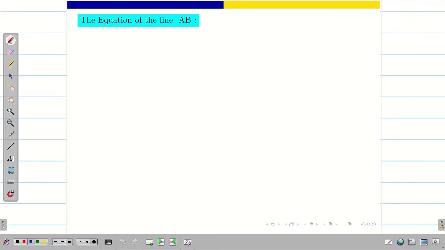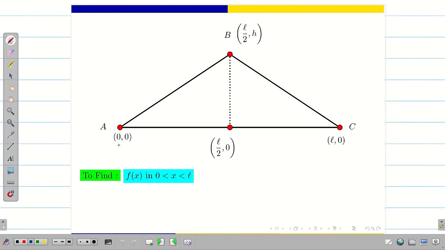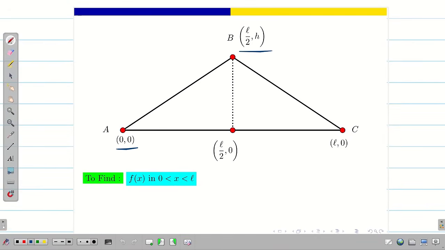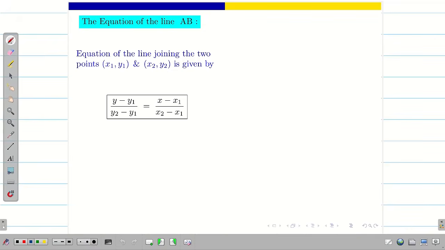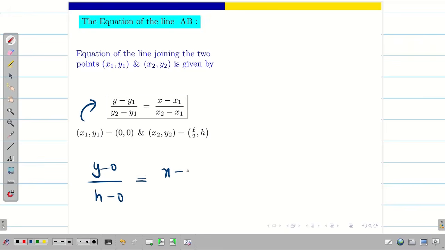So along the line AB, we can see the points are (0, 0) to (L by 2, h). Now let us write the points one by one and then substitute here. So y minus 0 divided by y2 is h, y1 is 0, is equal to x minus 0 divided by x2 is L by 2 minus 0.